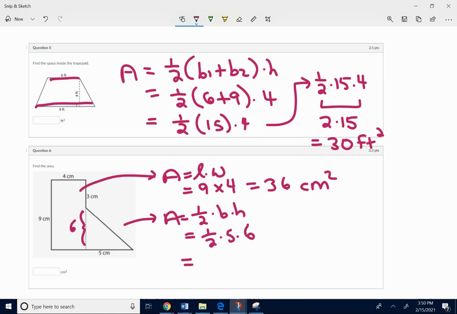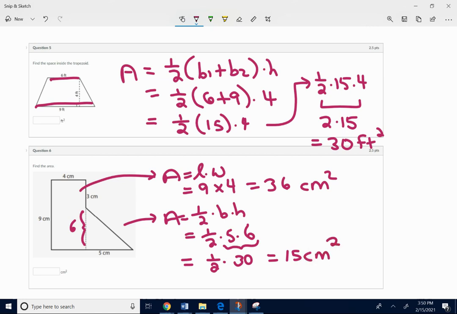Many different ways I can come up with that. Since the numbers are fairly small, I'm just going to do 5 times 6 first, which is 30. And I'm going to think of that as 1/2 of 30, which would be 30 divided by 2, which is 15.